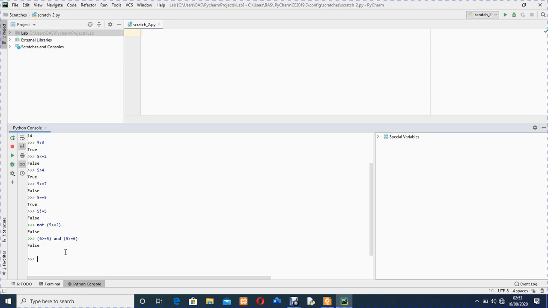For the or, whenever one of the conditions is true or both of the conditions are true, it will execute true. Let's try and see.